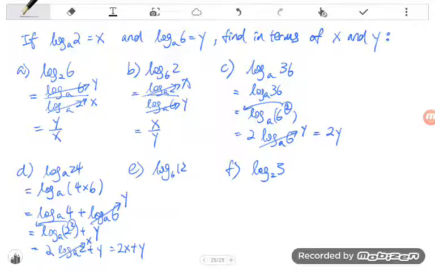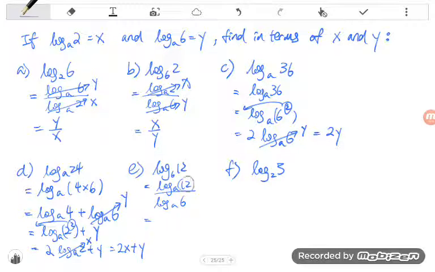Okay. Now last two. Let's finish this. So log 12 to the base of 6. I will have to change my base for this one. So this becomes log 12 to the base of a over log 6 to the base of a.